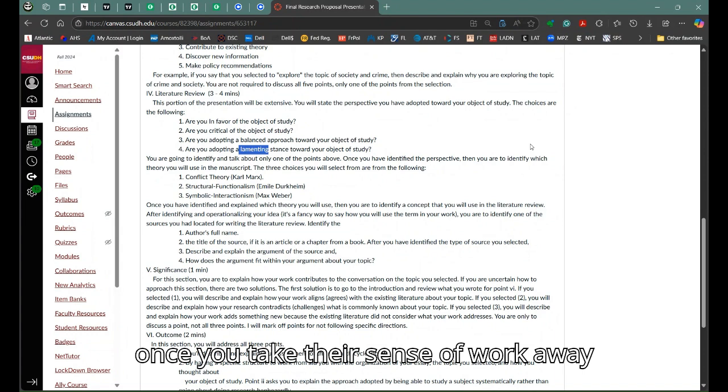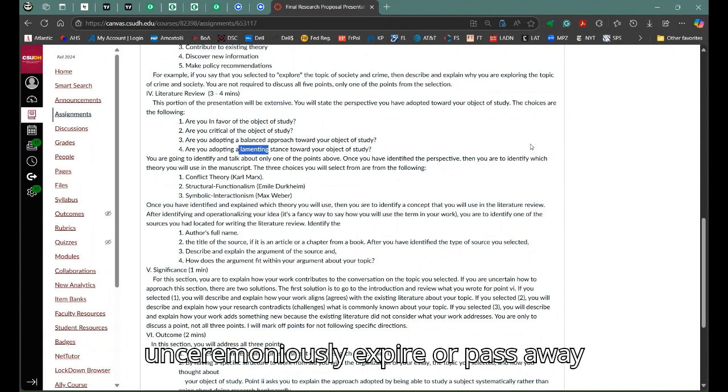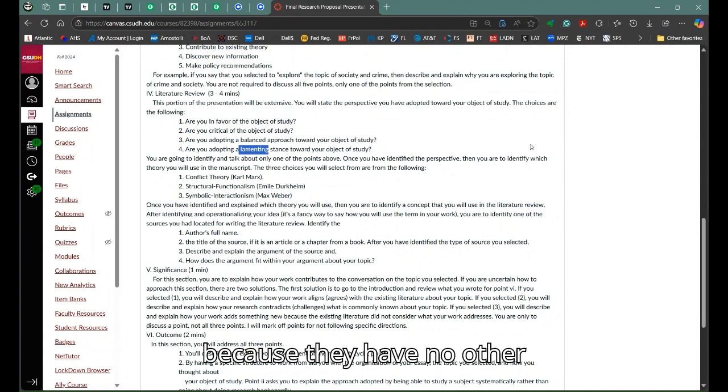Once you take their sense of work away from them, some individuals lose their identity and then they become depressed, and it usually takes about a year more or less for that person to unceremoniously expire or pass away because they have nothing else to keep them active, right?